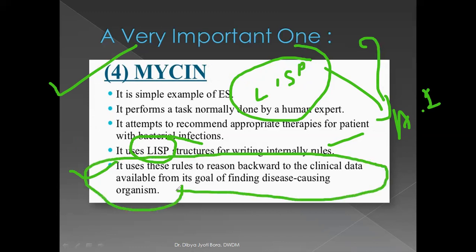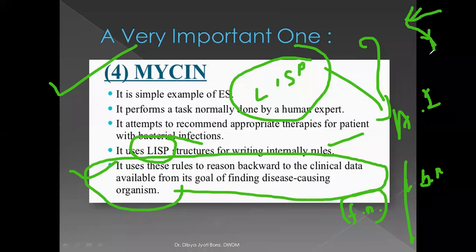You know that we have two types of reasoning: forward reasoning and backward reasoning. So forward reasoning means what? You start with some initial conditions and then go by applying them.